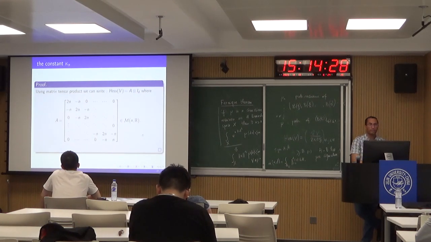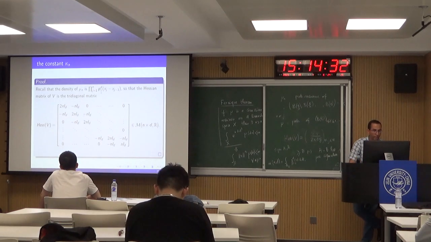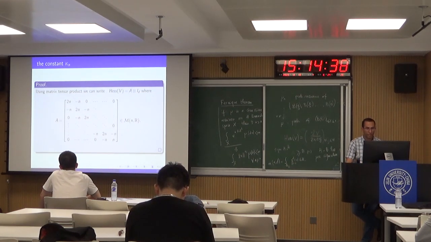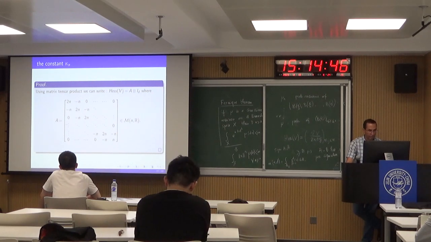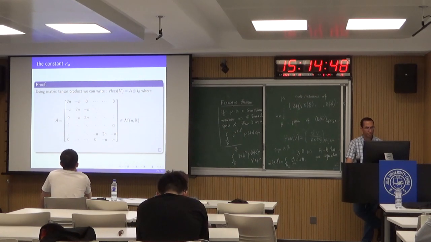It can be written first as a tensor product, because you see here that there is an identity in all the entries of the matrix. So we can write it as a tensor product of this matrix here without this identity, with the identity. So it is enough, in fact, to find the eigenvalues for this A, because the eigenvalues of a tensor product will be products of eigenvalues.